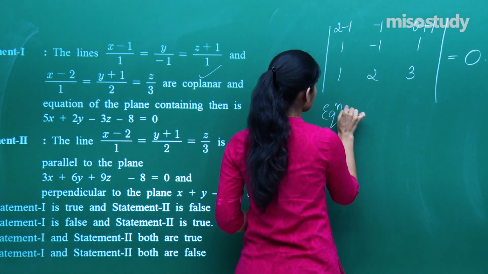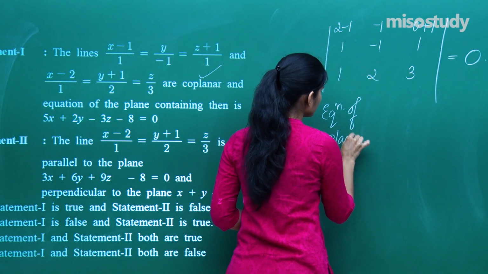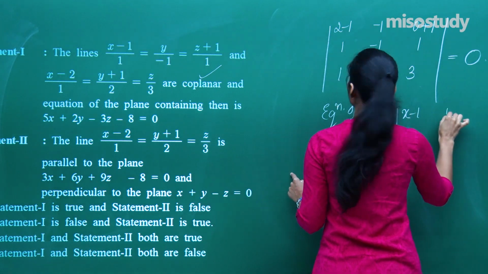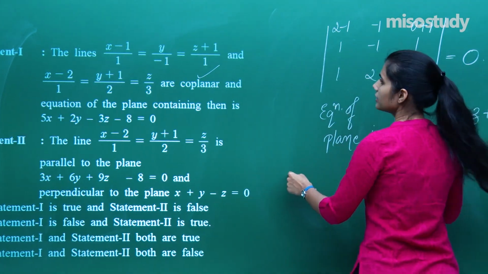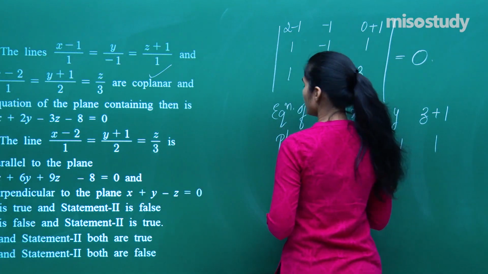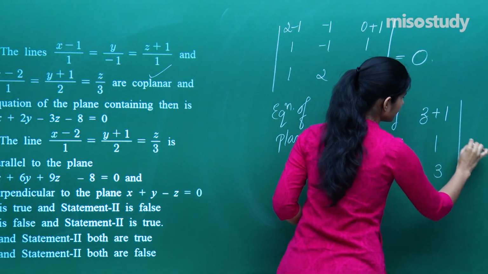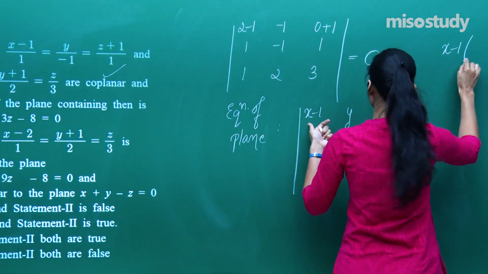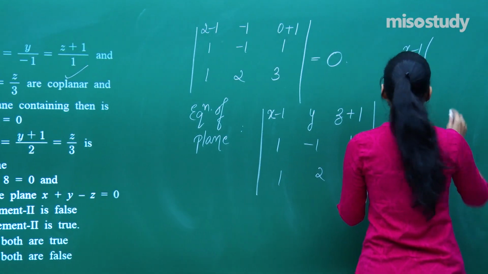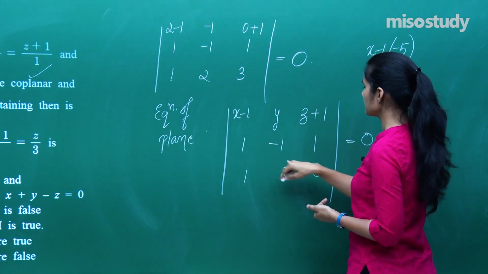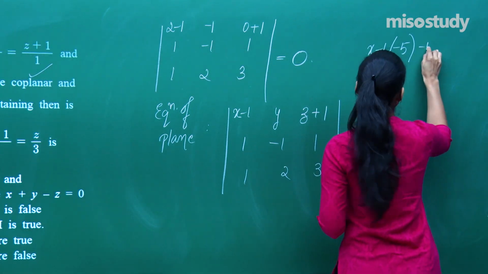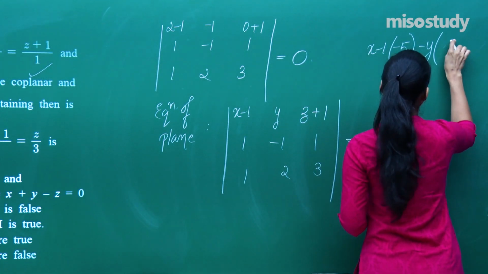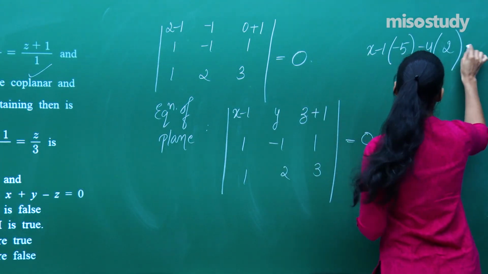Equation of the plane becomes what? Equation of the plane containing the two coplanar lines is what? It is x minus 1, y, z plus 1, 1 minus 1, 1, and 1, 2, 3. Right? So what do you get is x minus 1, and then you have minus 3, minus 2. This is minus 3, minus 2, then you have minus y. So from here you get 3 minus 1, that is 2, and then you have z plus 1.